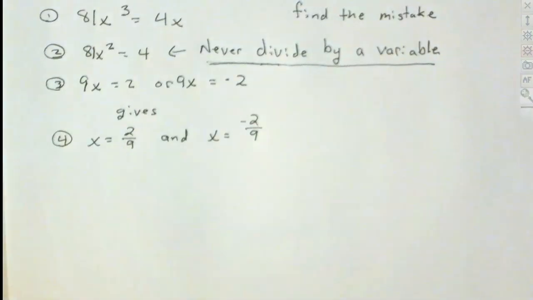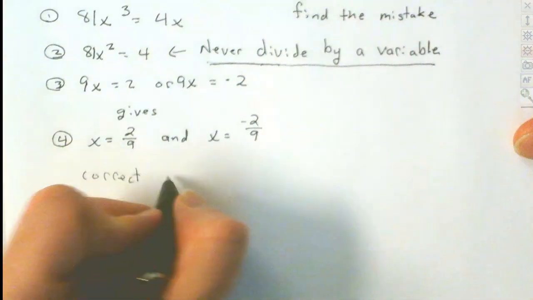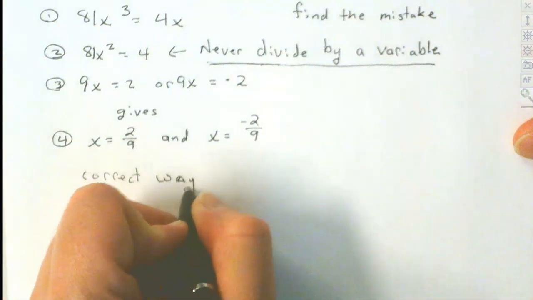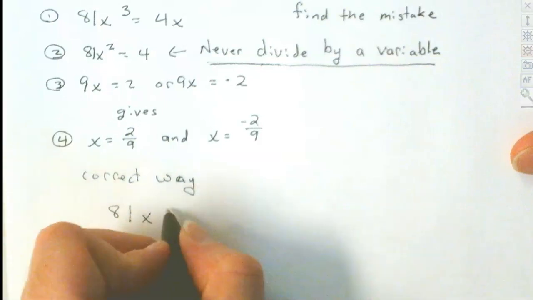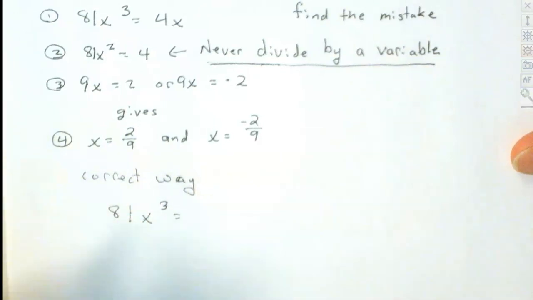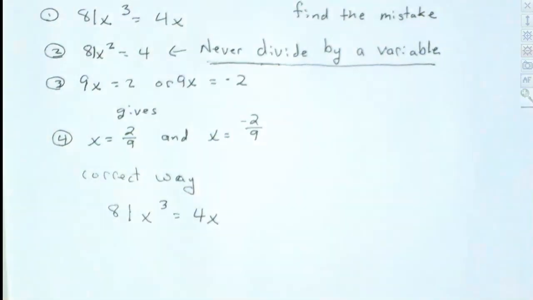Now let's look at how to do this one the correct way. I'm going to work this one out the correct way, and I'm going to show you that you do in fact get 3 solutions. What would you do first?